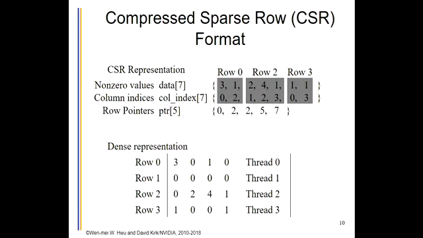Thank you. This is the reason why a sparse matrix representation is only used when you have a very, very small percentage of non-zeros in your original matrix. Let's say you have a 1,000 by 1,000 matrix, so that would be a million elements. But if only 1% of your elements are non-zeros, then you only have 1,000 non-zero elements.